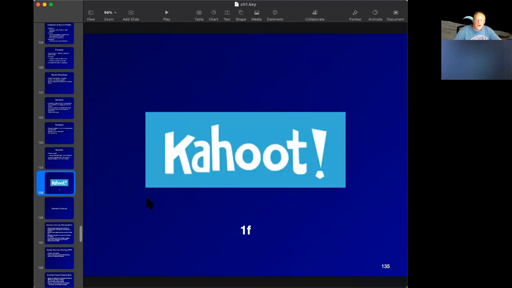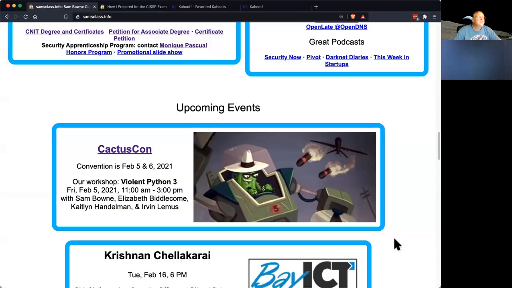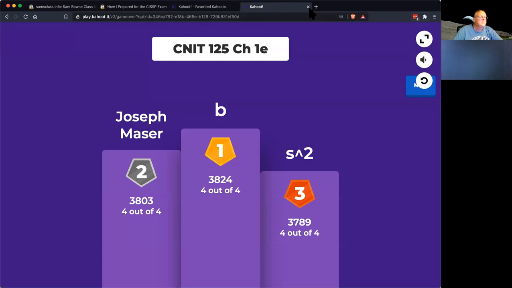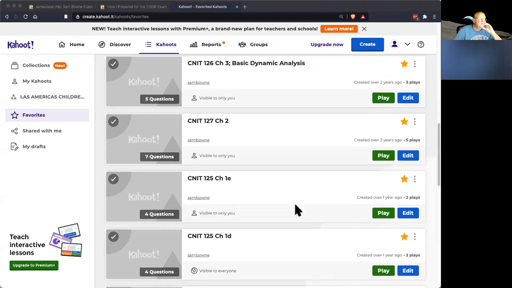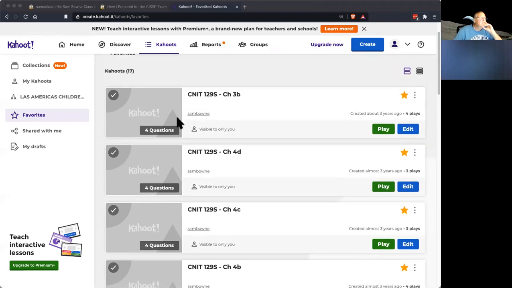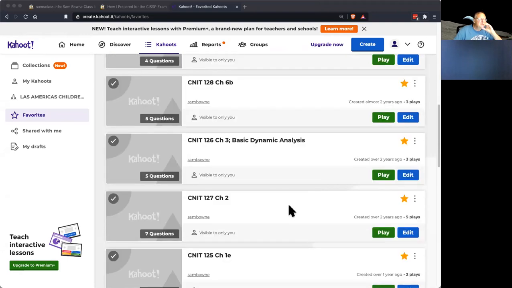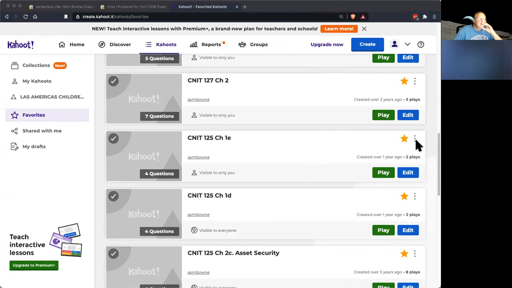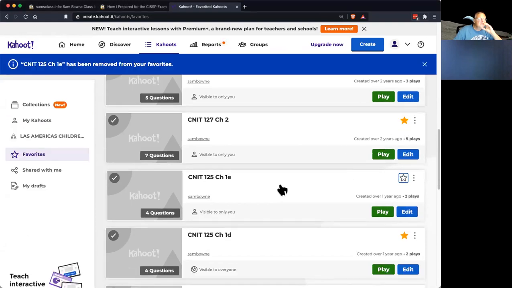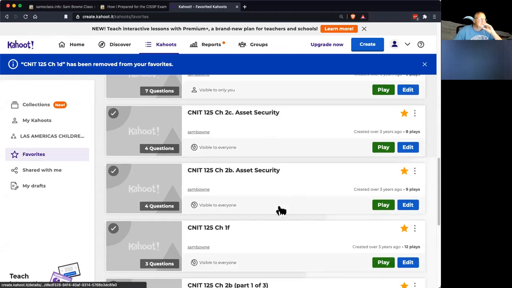So, all right, let's take a look at some Cahoots. Go back to the browser, and let's see if the Cahoots, that looks good. All right, so we're up to 1F. And they're not in order because that's how they punish you for using the free version. 1E, we're done with. 1F, there we go.